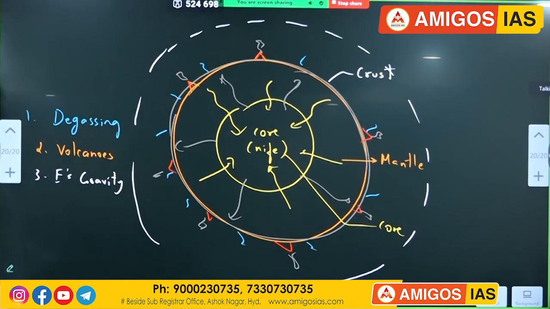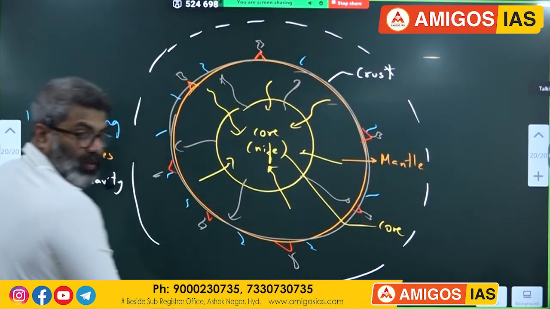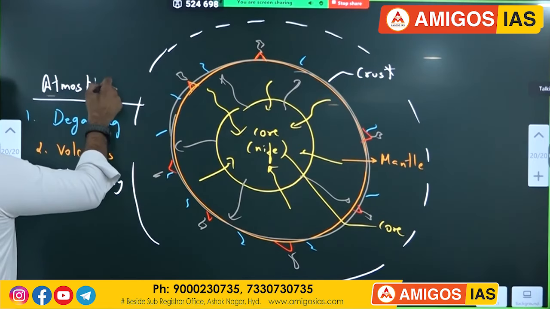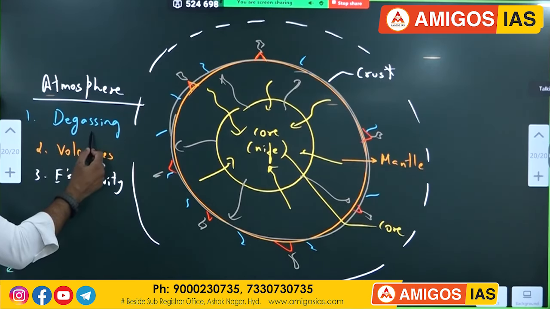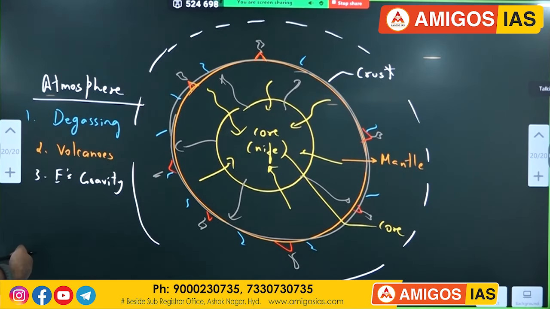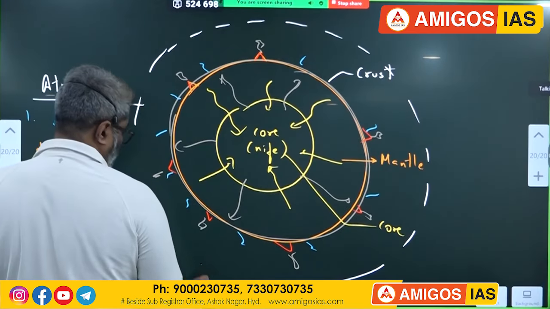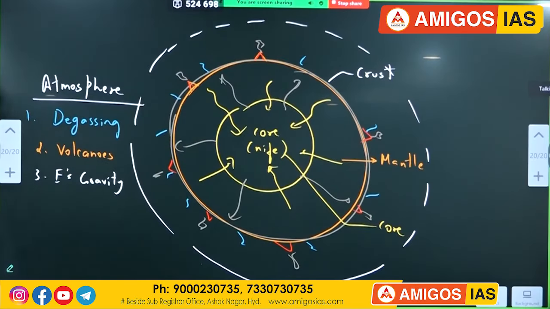Because of sufficient gravity, all this encircled the Earth, forming a blanket of air that we today call the atmosphere. So for atmosphere formation, we need degassing, the cooling process first, volcanoes, and Earth's gravity. If Earth's gravity was very low, all these gases would have escaped into space. So 3 processes led to the atmosphere.